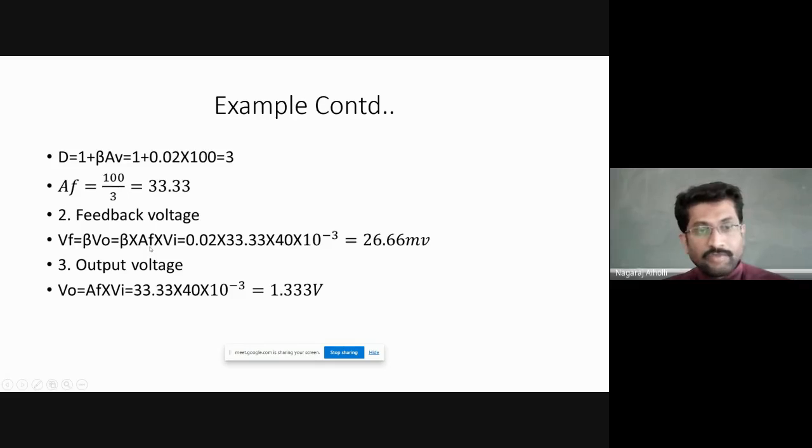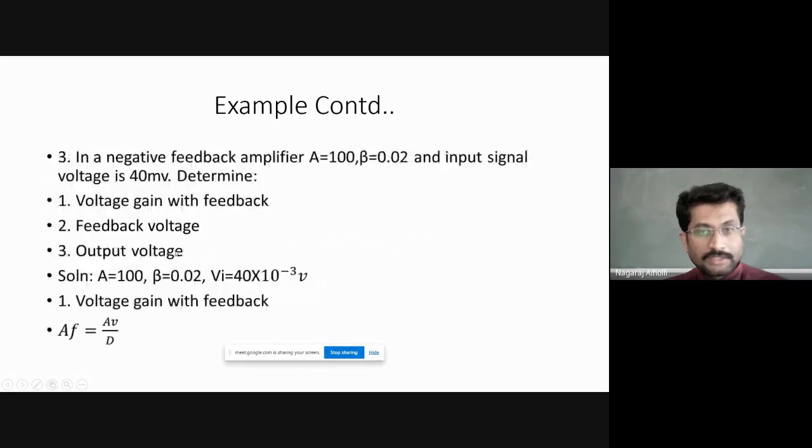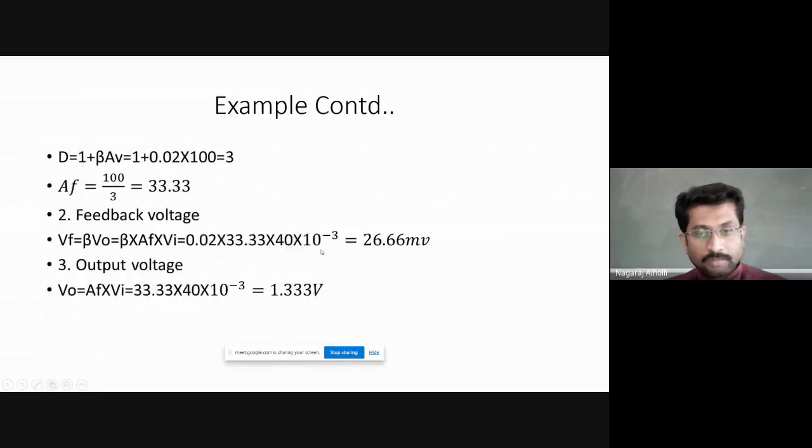So V naught by Vs is AF, or V naught is equal to AF into Vs. So Vf is beta, which is 0.02, into AF, which we have just found to be 33.33, into Vs, the main input signal of 40 millivolts, that is 40 into 10 raised to minus 3.